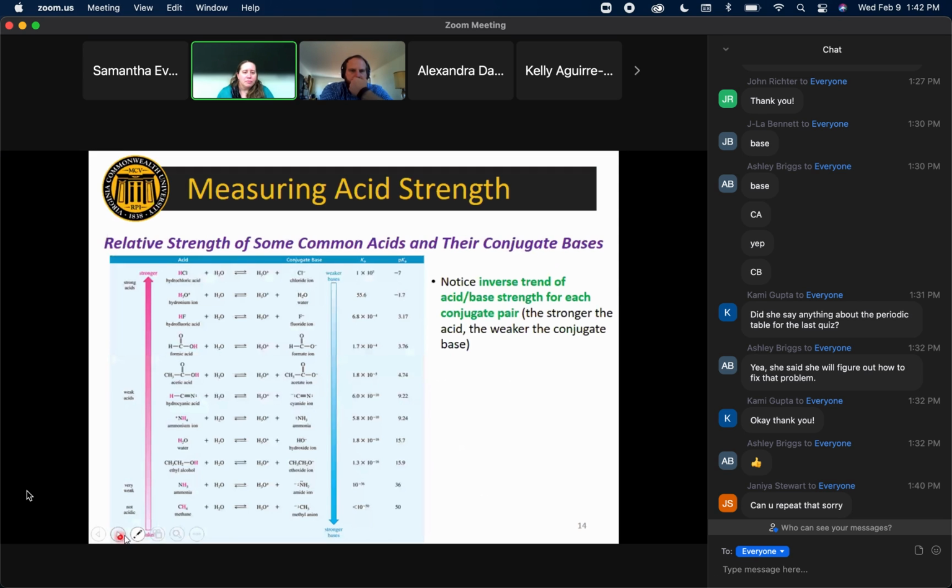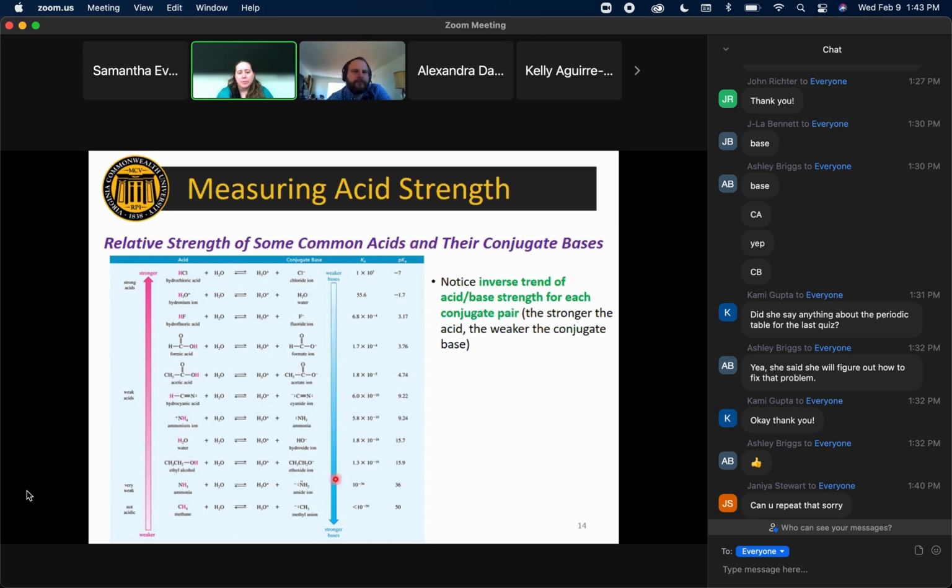Okay, so this chart is directly out of your book, and it shows relative strengths of common acids that we'll see in organic chemistry. You do not need to memorize this chart. Do not memorize this chart. But notice a couple of things about the chart. First, notice how as you get to stronger and stronger acids, the corresponding conjugate base, so after you deprotonate a strong acid, what you end up with is a weak base.